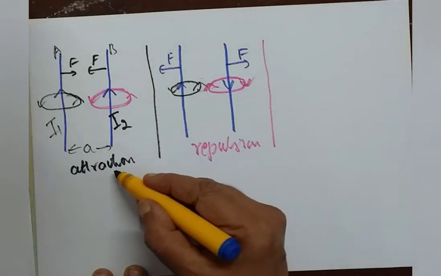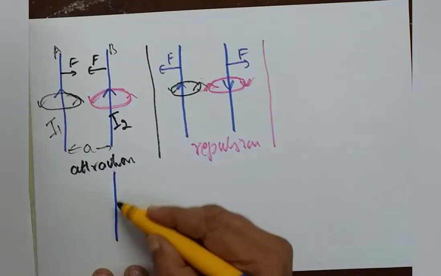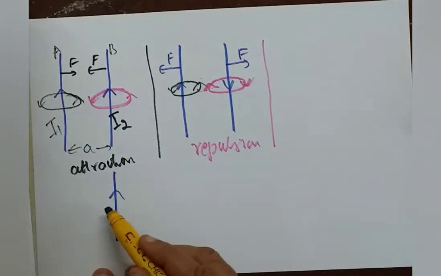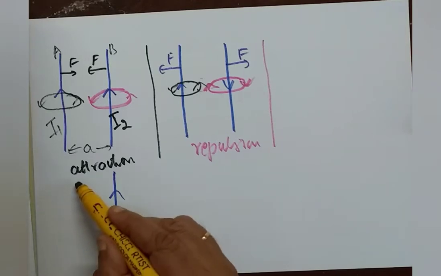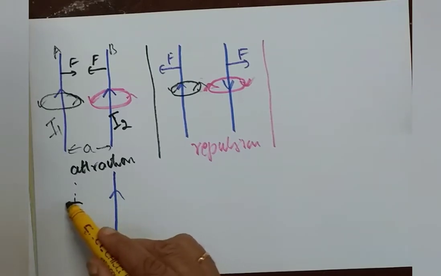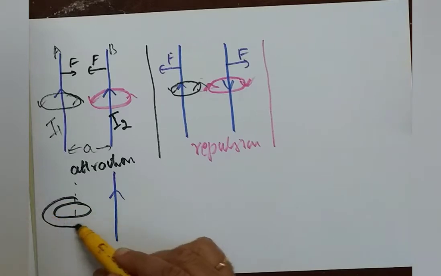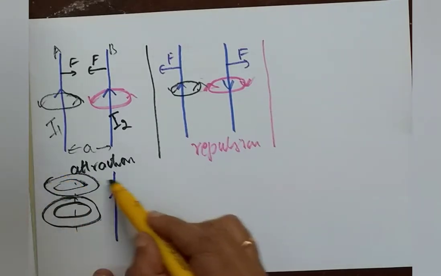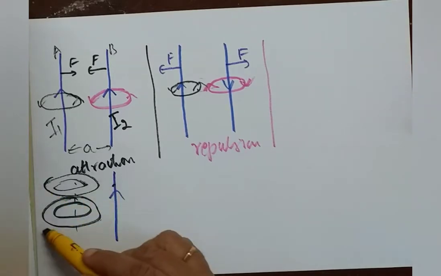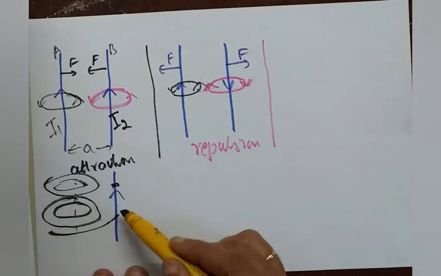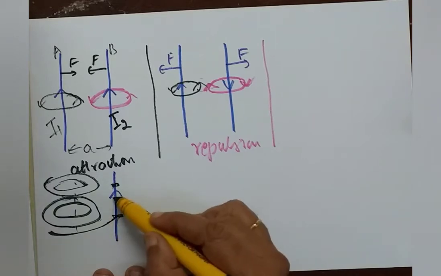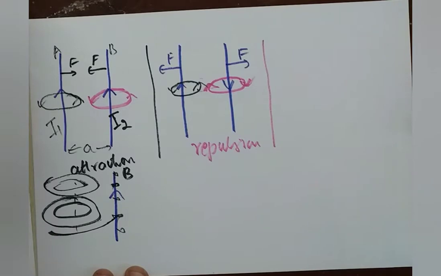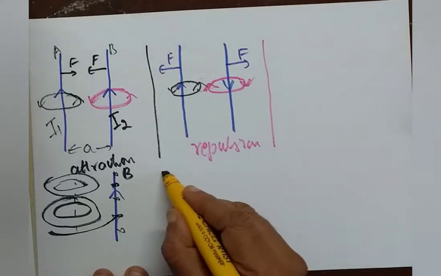Say we imagine the conductor B like this, and as you can write these field lines, here the field lines of the first conductor are like this at all positions of the conductor. Here also the field lines go, here also the field lines go. So as the field lines are going in, there is a magnetic field at the position of B.